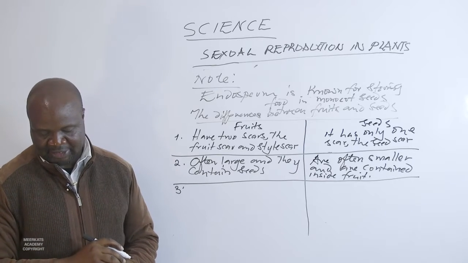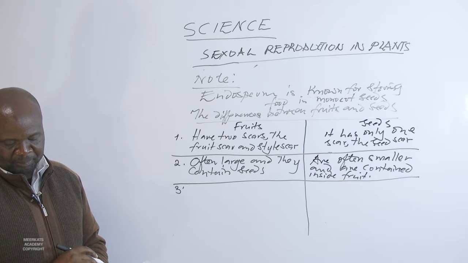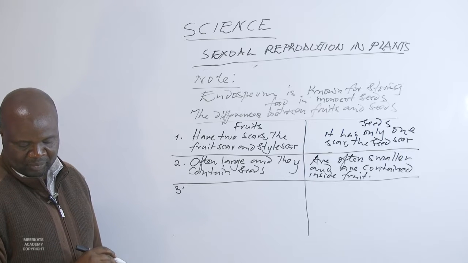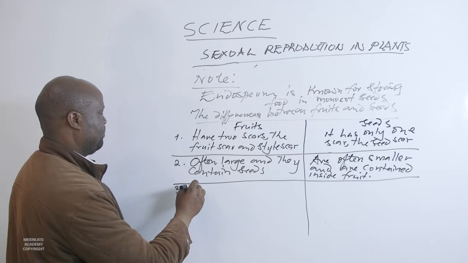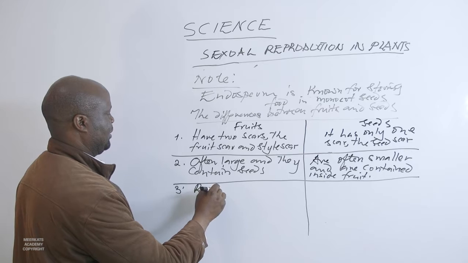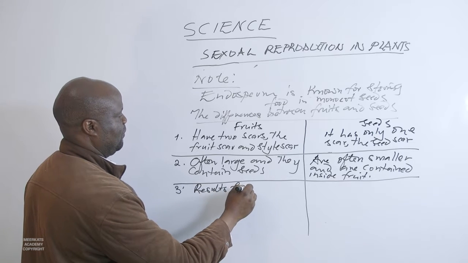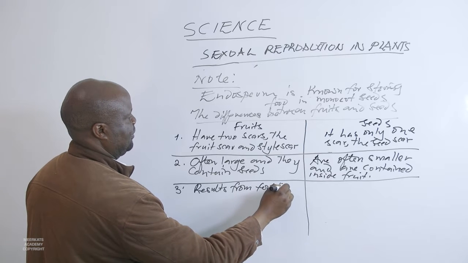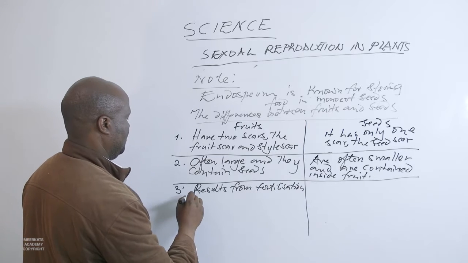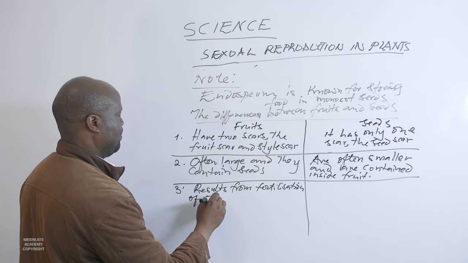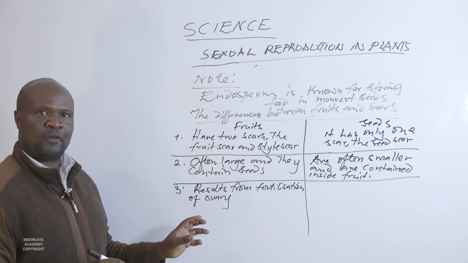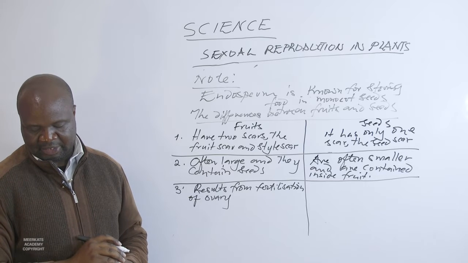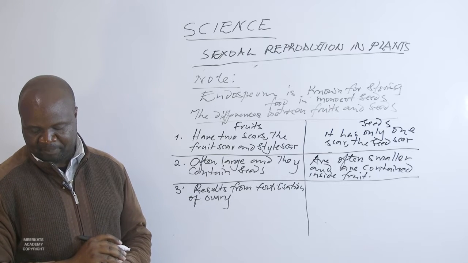The third difference that we can mention is that they result from fertilization of an ovary, meaning they grow from the ovary. A fruit grows from an ovary, the result of a fertilized ovary.